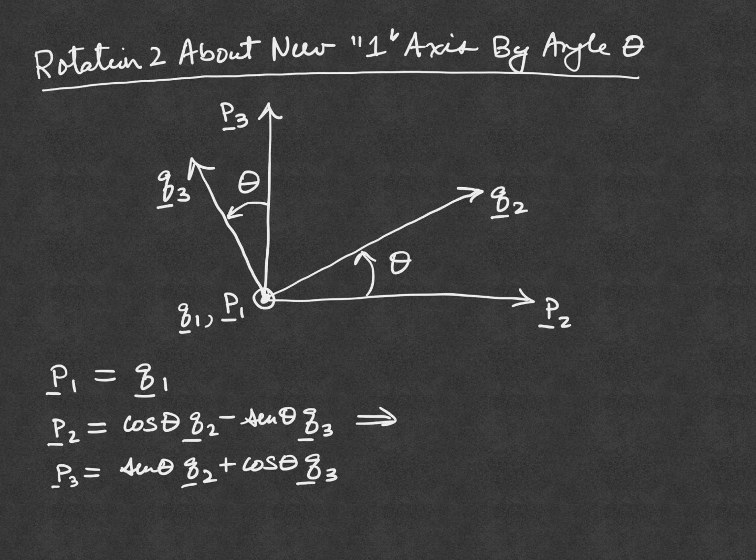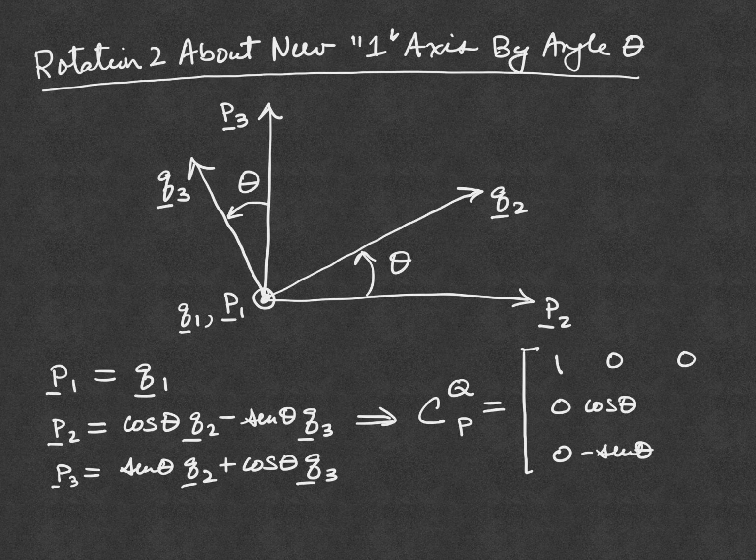Again, following the convention that was developed in the previous lecture, we now have the transformation from P to Q, which if I read across and put these down the columns, I get 1, 0, 0. I get 0, cosine of theta, minus the sine of theta, and then I get 0, sine of theta, and then cosine of theta.